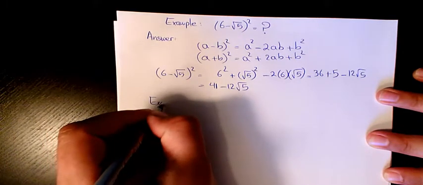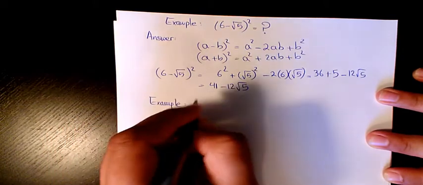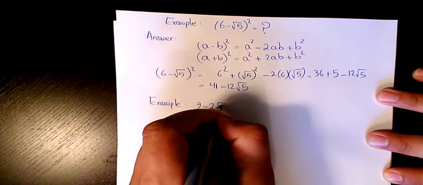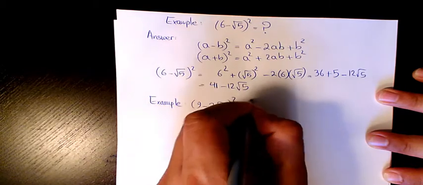Next example. We have (9 minus 2 root 10) squared.